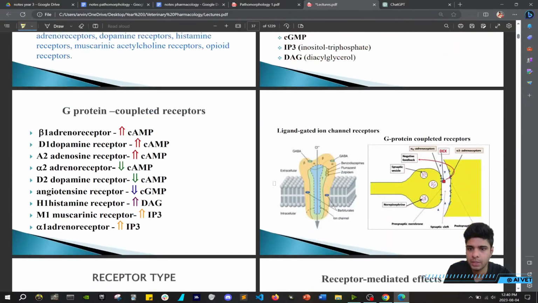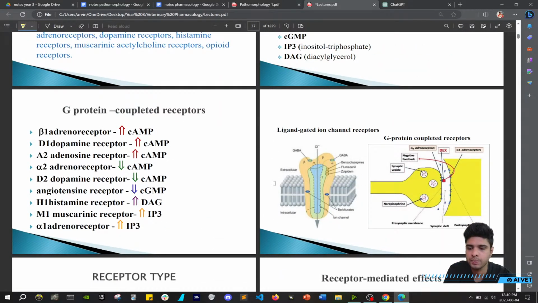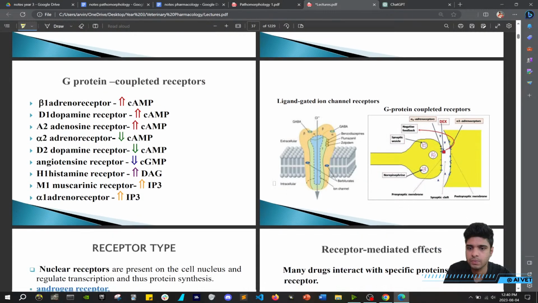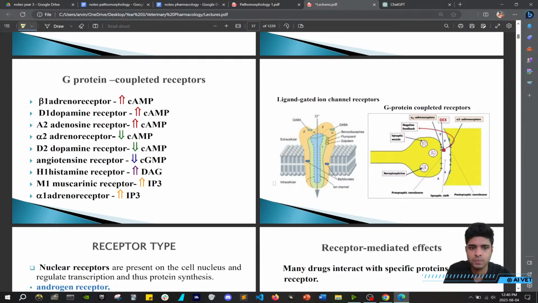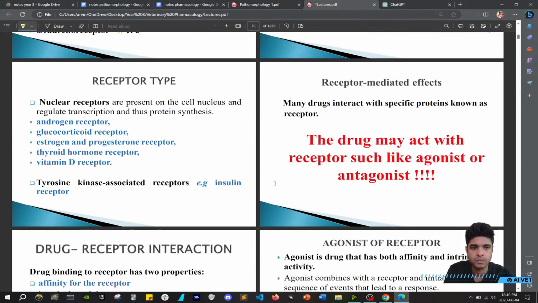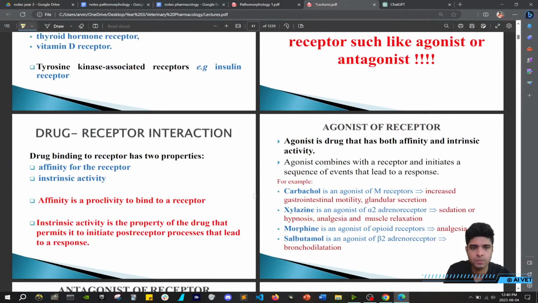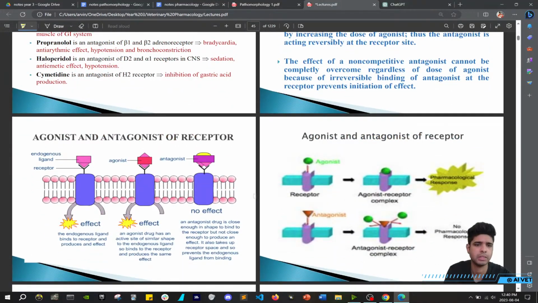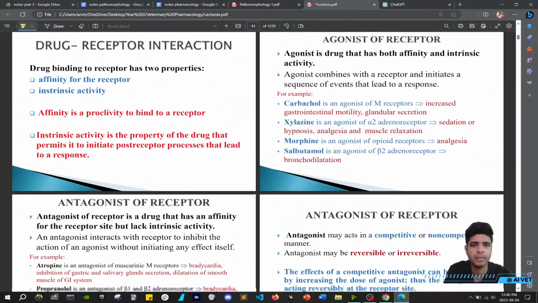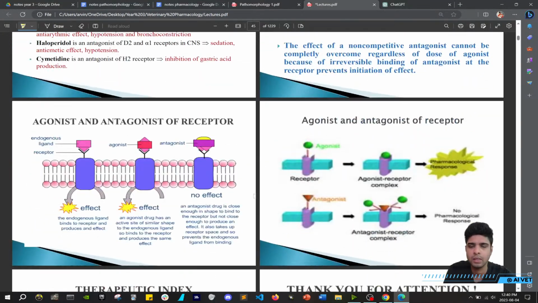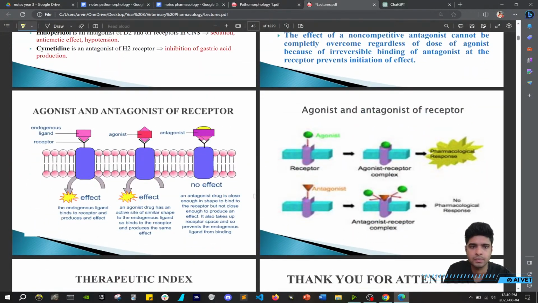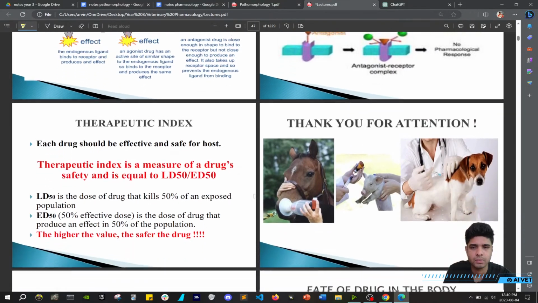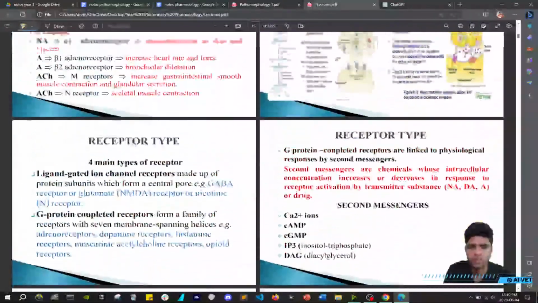Receptor type G protein. Okay, types of receptor and how they interact with the drugs. That's the next topic.